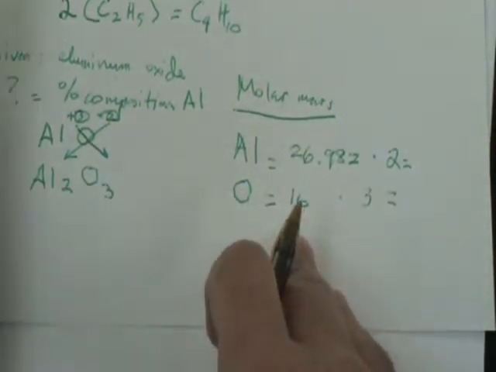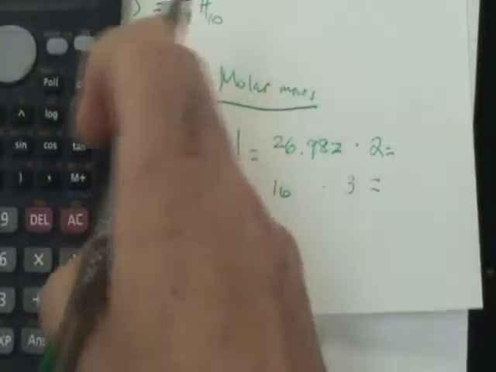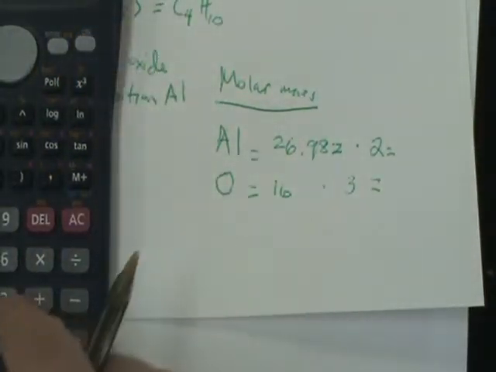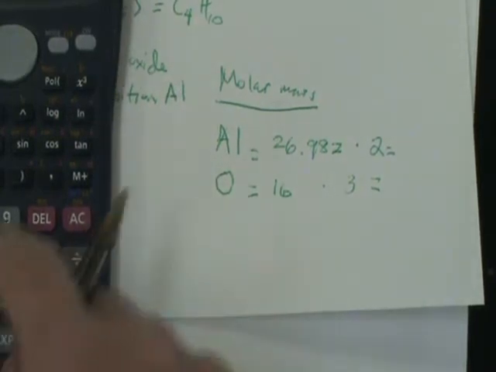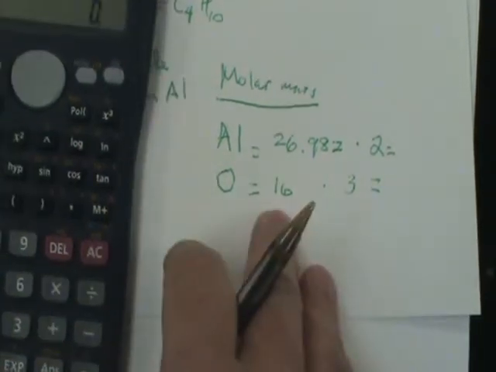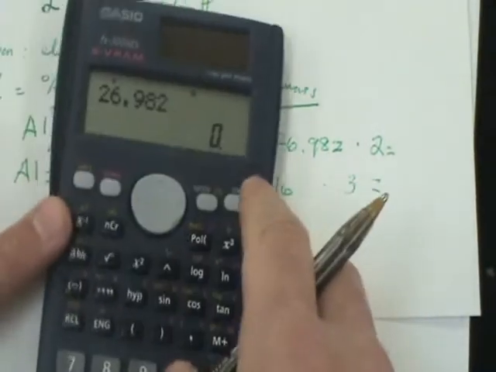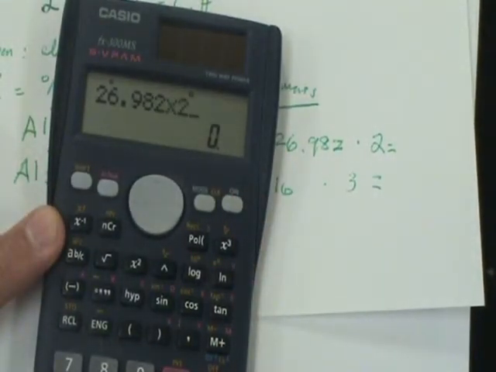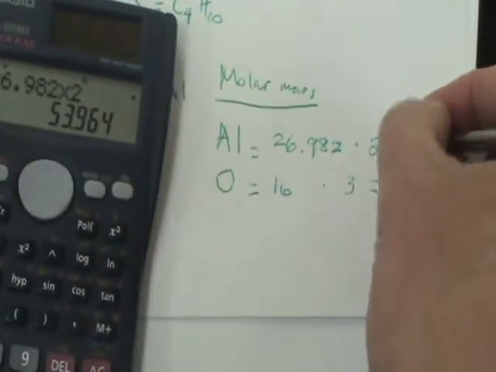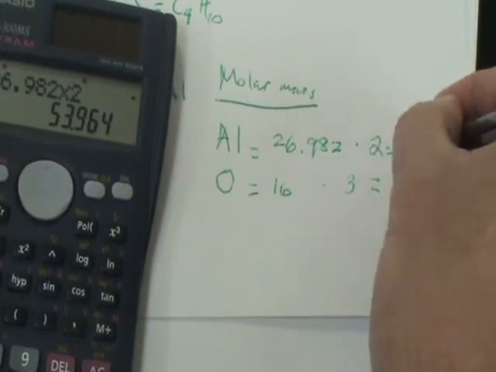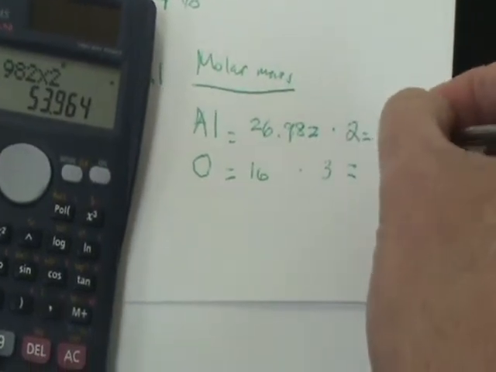On the calculator, 26.982 times 2 gives us 53.964.